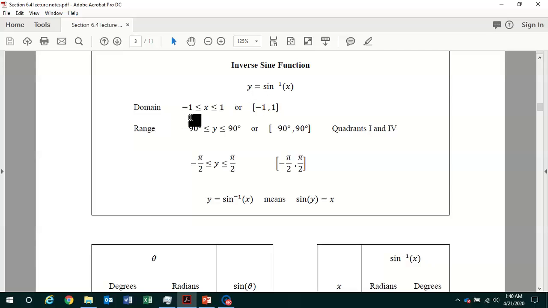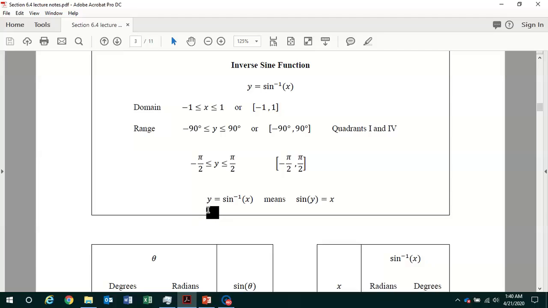So the domain is -1 to 1. Those are the numbers we can put in for x, and then the output angles are between -90 and +90 degrees, or between -pi/2 radians and +pi/2 radians.